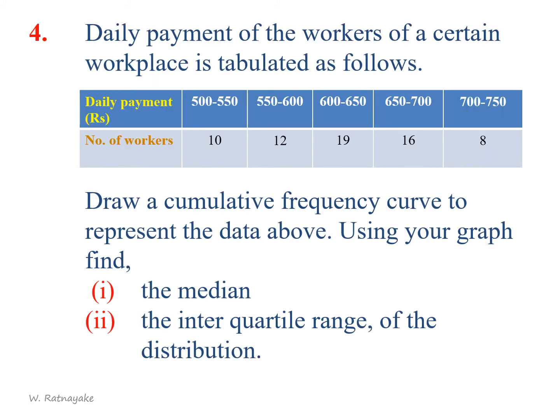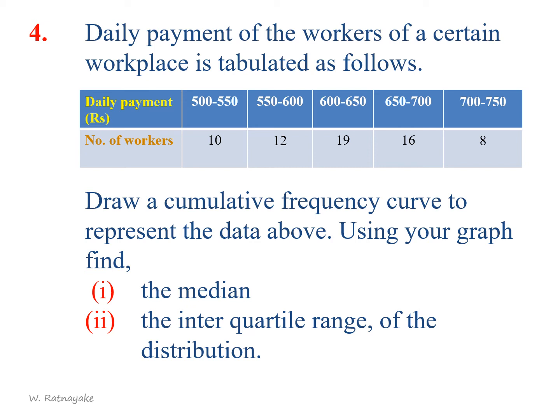So question number 4 is under the theme of statistics. The question says, the daily payment of the workers of a certain workplace is tabulated as follows. Daily payment is given in class intervals 500 to 550, 550 to 600, 600 to 650 and so on, and the number of workers is also given according to those class intervals.